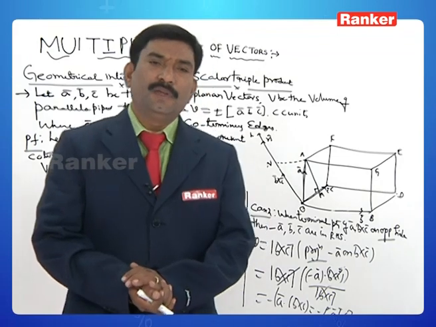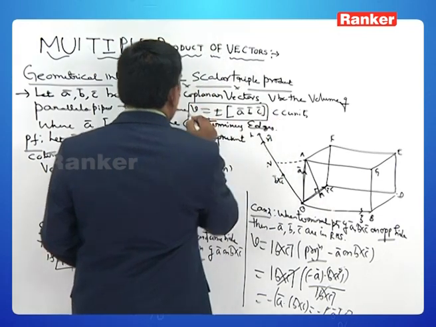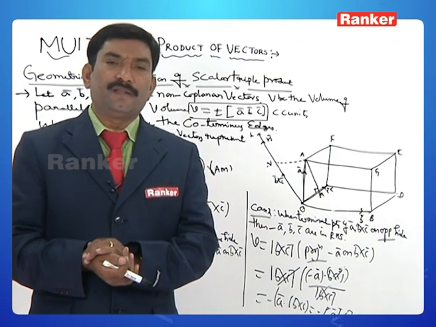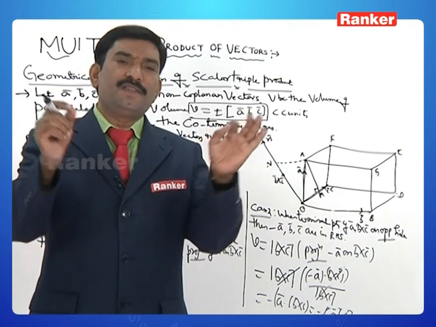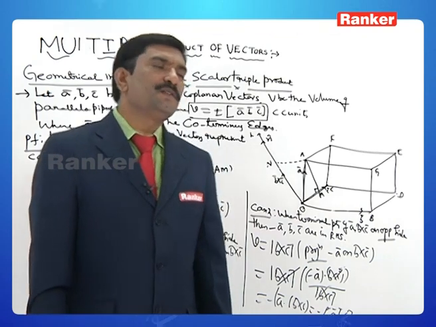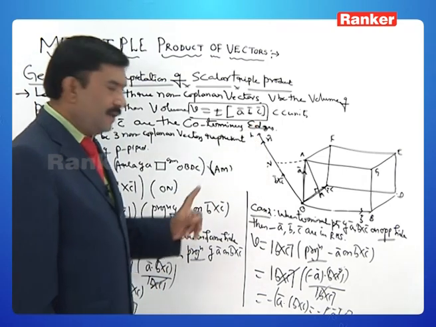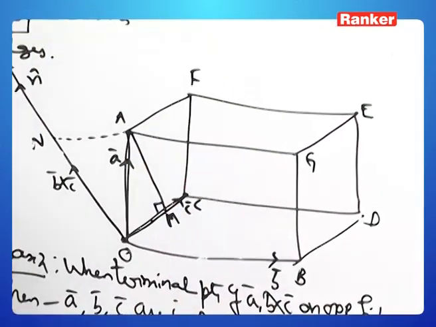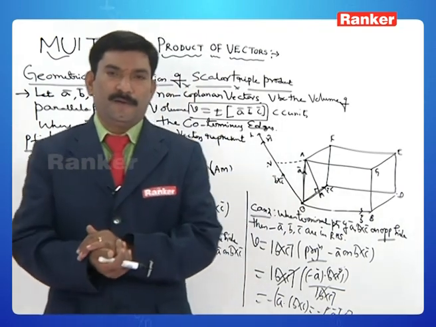So therefore, hereafter, the volume of a parallelepiped formed by three non-coplanar vectors A bar, B bar, C bar representing coterminous edges of a parallelepiped is given by V is equal to plus or minus box of ABC. Once again you see, let A bar, B bar, C bar represent the coterminous edges of a parallelepiped and they are non-coplanar.